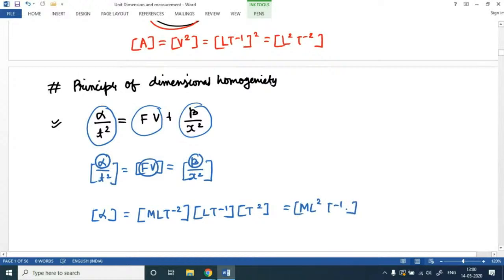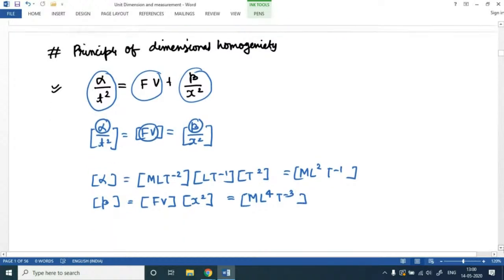That is how you can get the dimension of alpha, and similarly you can get the dimension of beta. That would be the dimension of fv into the dimension of x square. When you substitute these values, you will get ML^4 T^-3, etc.